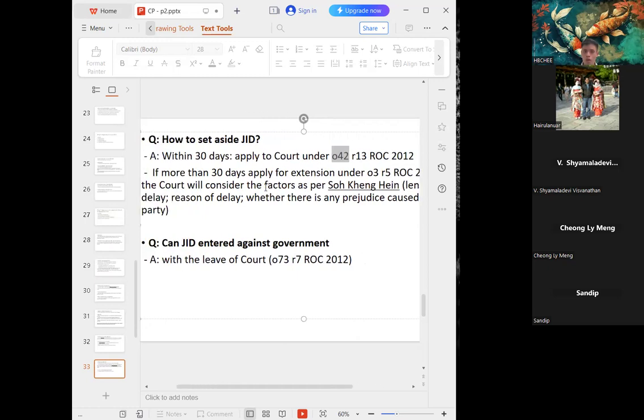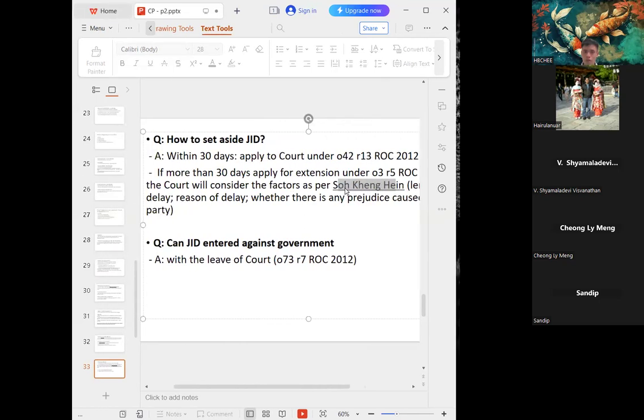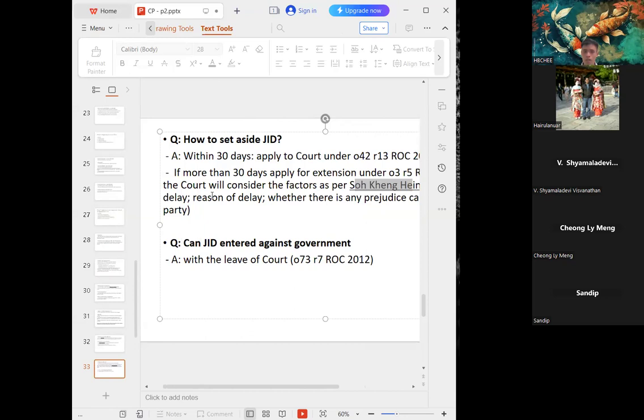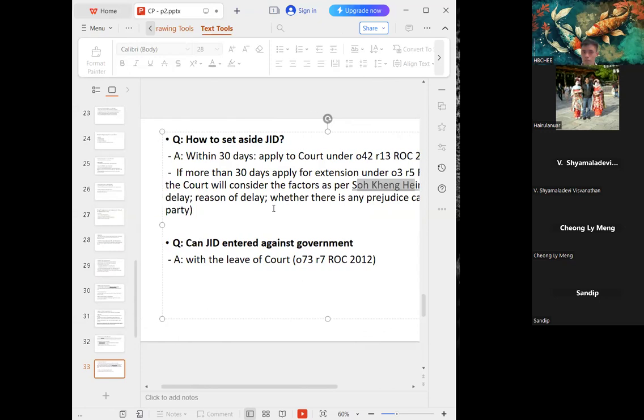And the court will also consider the following factors in the case of Sorting: the length of delay, the reason for delay, and whether there is any prejudice caused to the other party. For most of the time when you want to apply for extension of time, this case and this Order 3, Rule 5 will be frequently used.